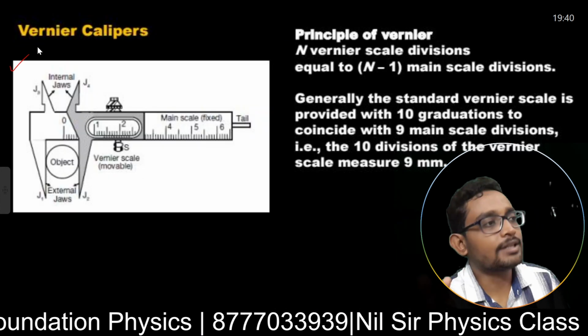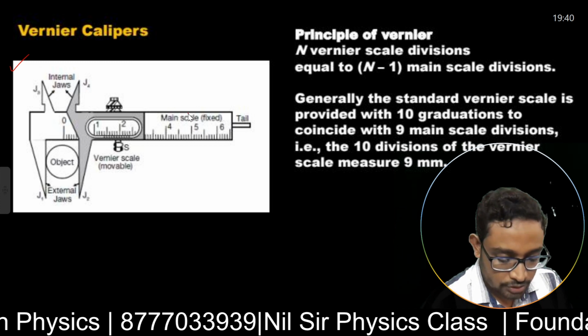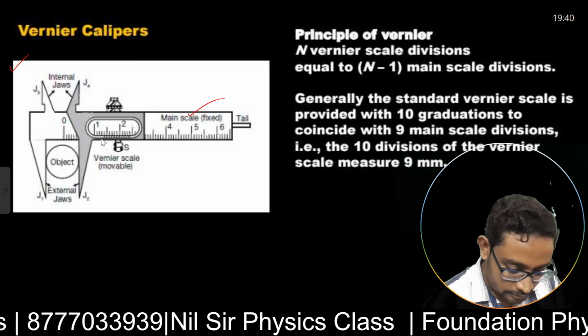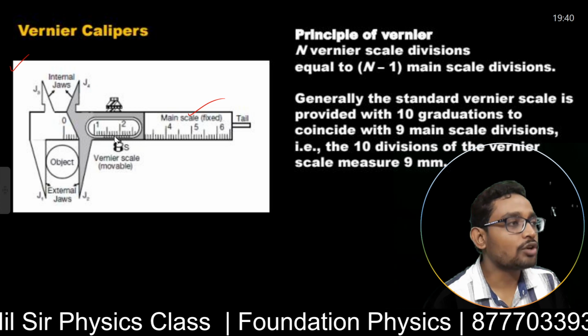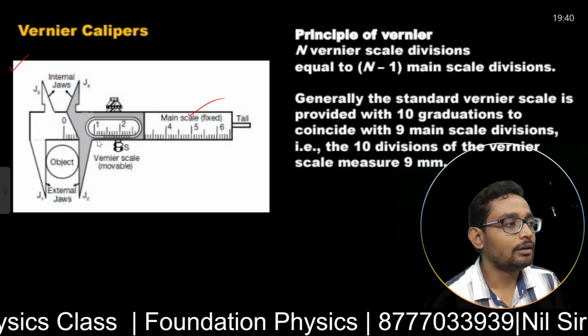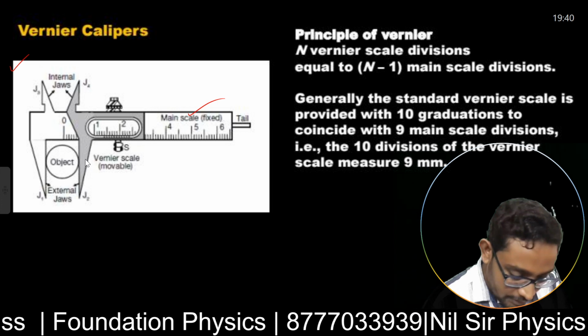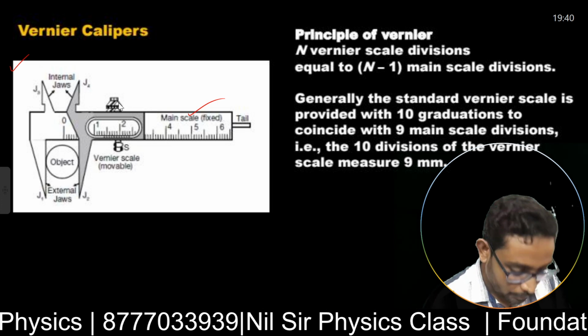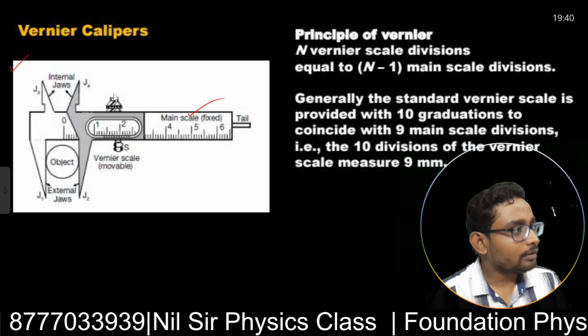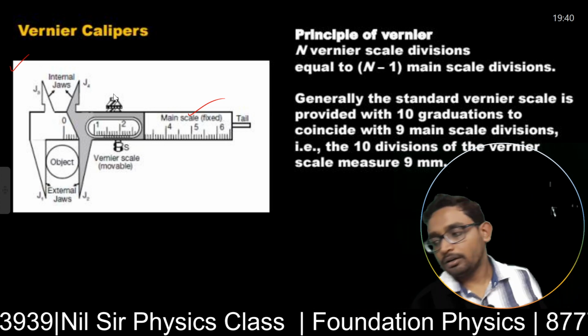There are two scales here. One is called the main scale, and on the other you can see these dotted lines, called the vernier. These can slide, so by the help of this screw you can slide one over another.